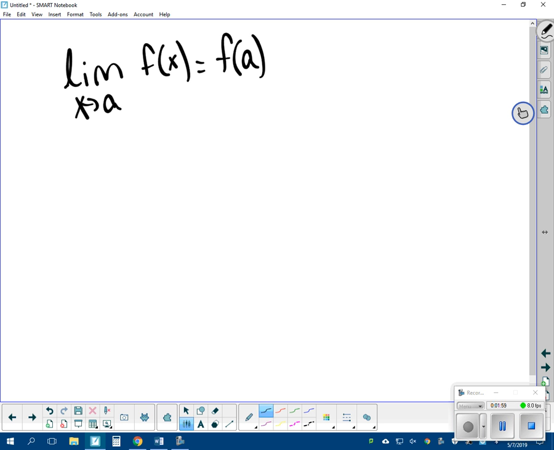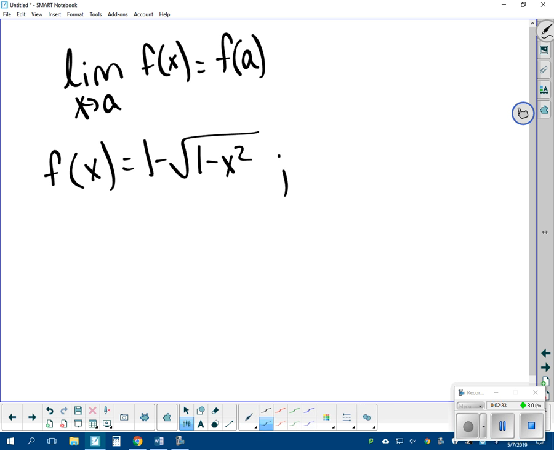So you might see problems where you have a function given to you, and then you will have a value and be asked if it is continuous at that number. Let's make it 0. It's a semicolon.